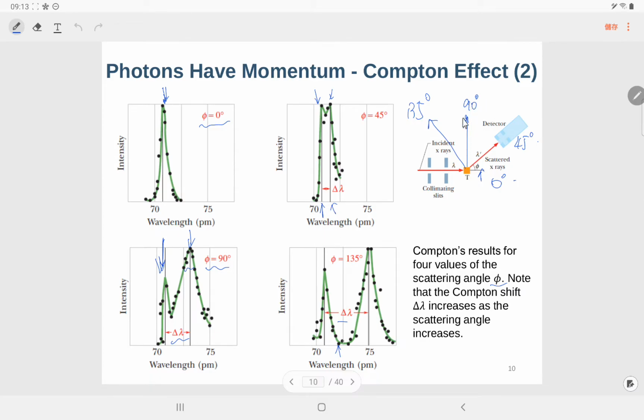If it is 90 degrees, the wavelength difference is a bit larger, so close to 5 picometers. If it is 135 degrees, the lambda difference is even larger.